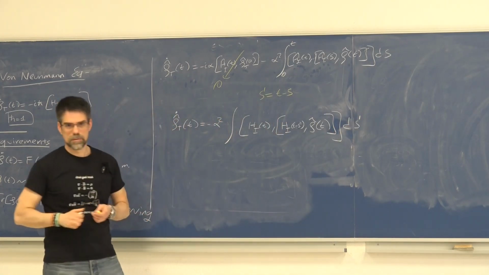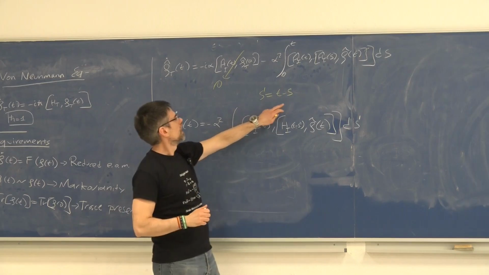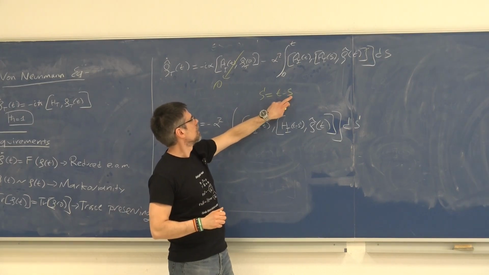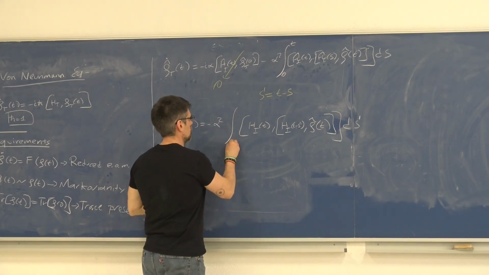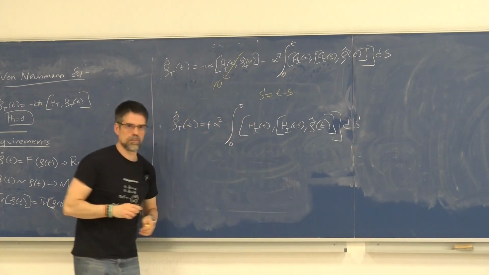Okay, and when S is equal to 0, this is T. When S is equal to T, this is 0, so it will switch. So instead of switching, we just have here a plus.